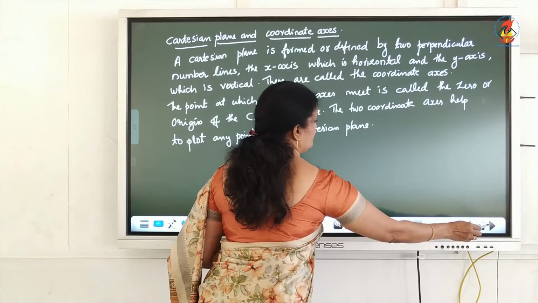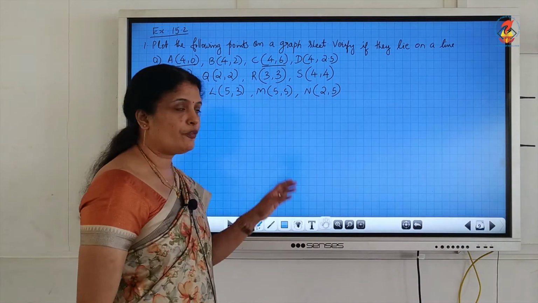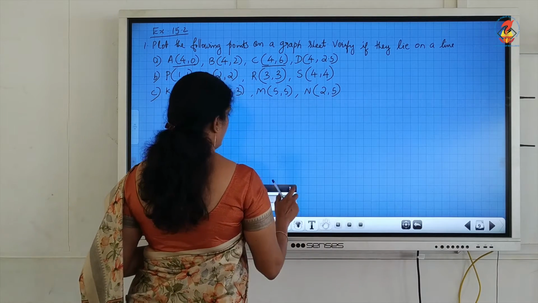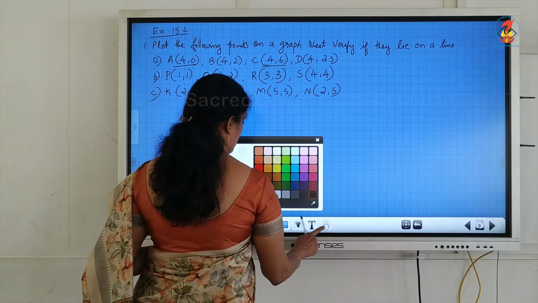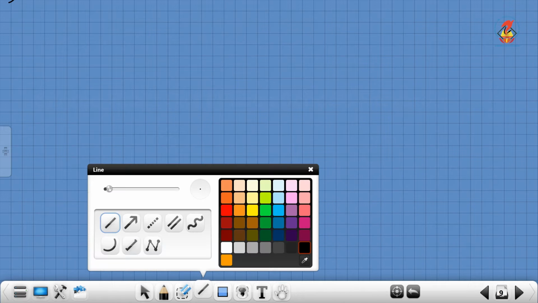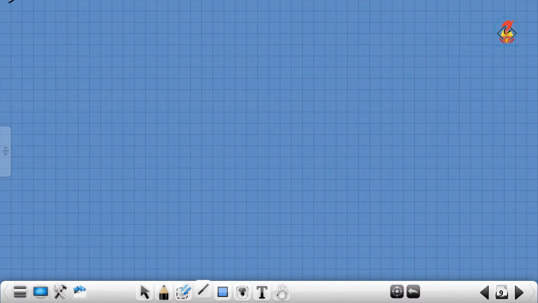Okay. Before plotting these points, I want to explain some important matters. How can you plot the points?